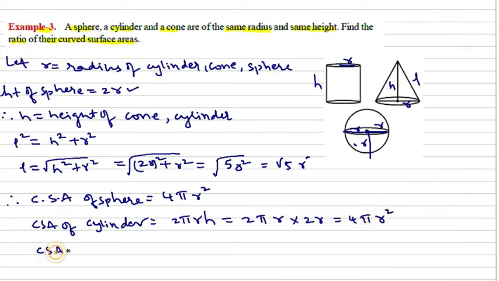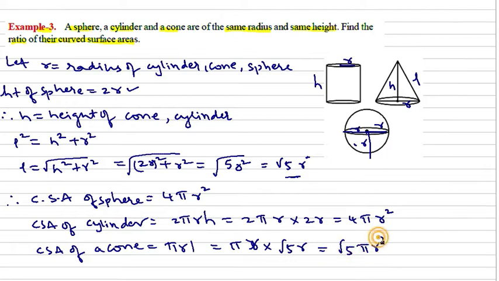Next, curved surface area of a cone is equal to pi rl. So pi r into slant height, root 5 r, is equal to root 5 pi r square.